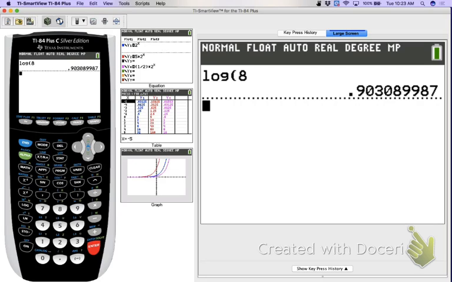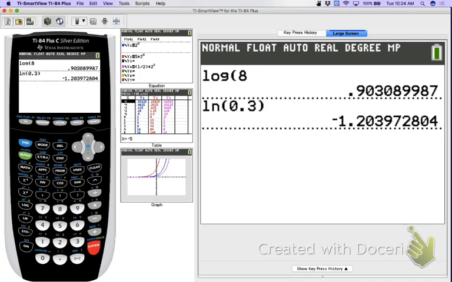Natural log. So instead of log, you're going to hit natural log. And then what's my number? 0.3. I'm going to type in 0.3, close the parenthesis, and hit enter. And I'm going to have negative 1.20. I'd probably just go negative 1.20. It really is that easy.